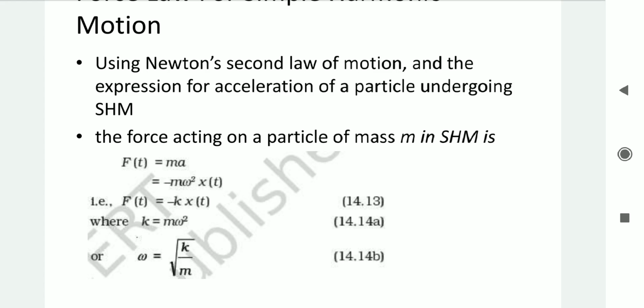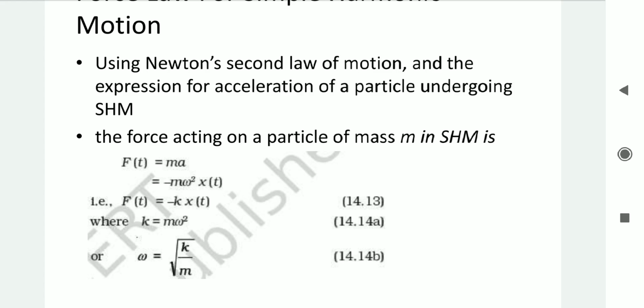A particle oscillates about its mean position due to this developed restoring force, which generates the SHM, a linear harmonic oscillator. Here we take proportionality only to x of t, meaning x raised to power 1. We avoid other components like x square or x cube.